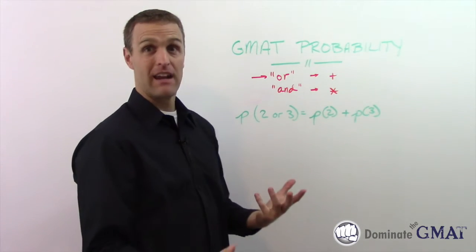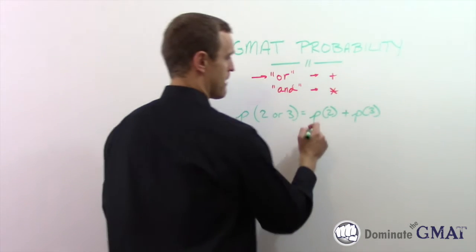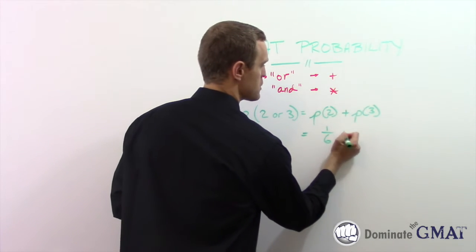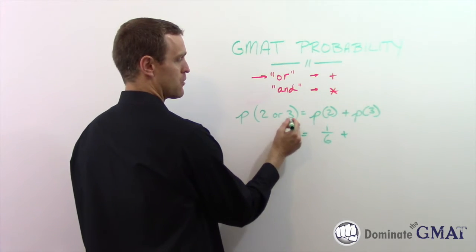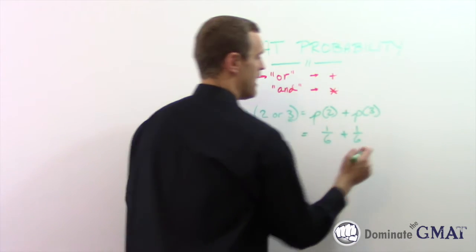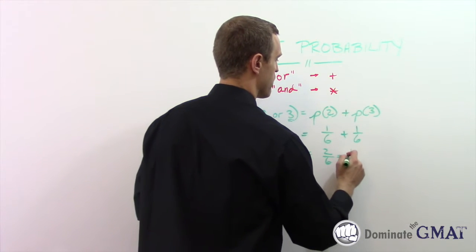The probability of getting a 2: it's 6 sides, there's only one 2 on a die, so the probability of that is 1 out of 6. But then we also have the opportunity of getting a 3, that would also count, so we add the individual probability of getting a 3, and 1/6 plus 1/6 is 2/6 or 1/3, right?